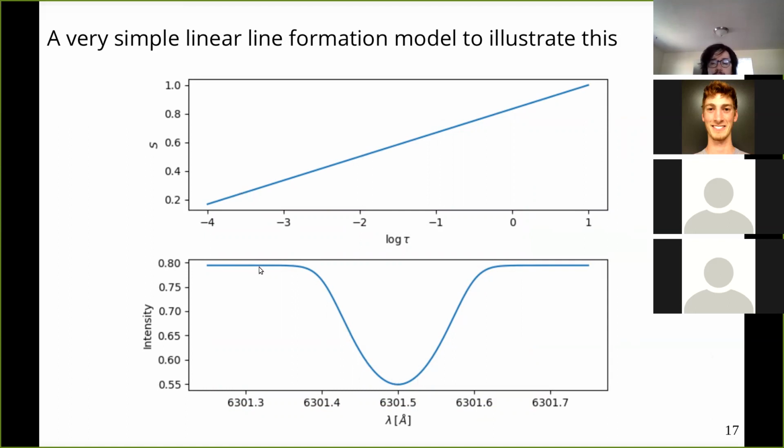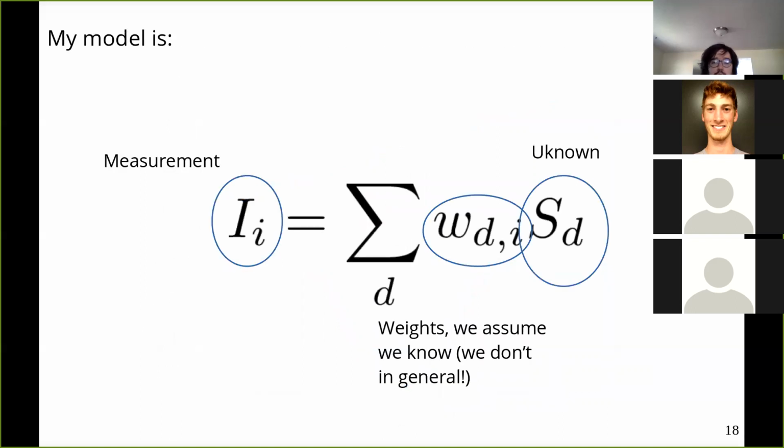And now we have done this together, and I definitely recommend you go and study the line formation slides and the line formation exercise. We have seen that once I give you the log tau grid at each of the wavelengths, and I give you the source function, you can calculate the outgoing intensity.